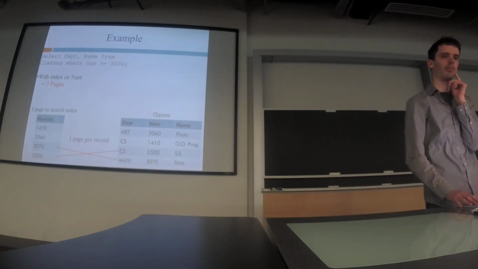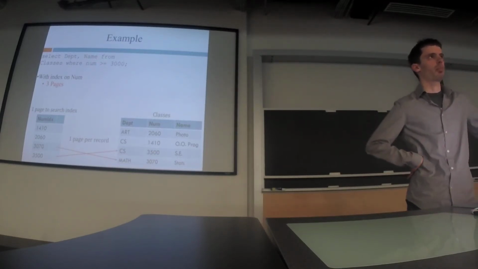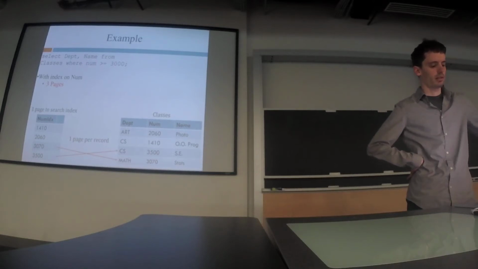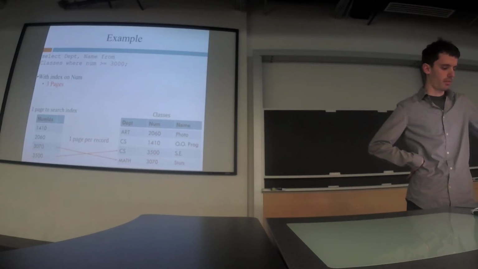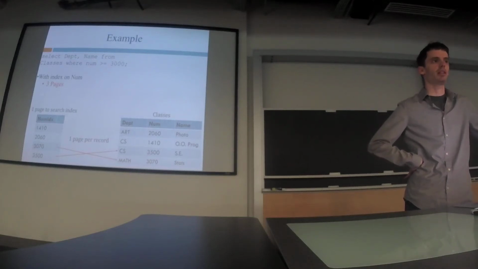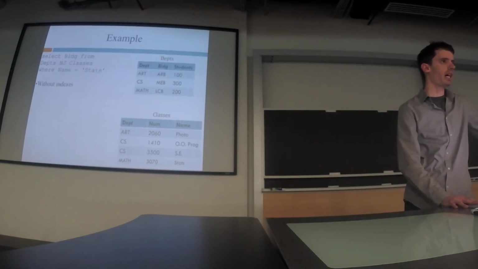Could you have a partition on that index, like all the 1,000s in this part and all the 3,000 classes in that part? Can you make a sub-index? Kind of. You can make a complex index. You can make multiple indexes. We'll get to that.